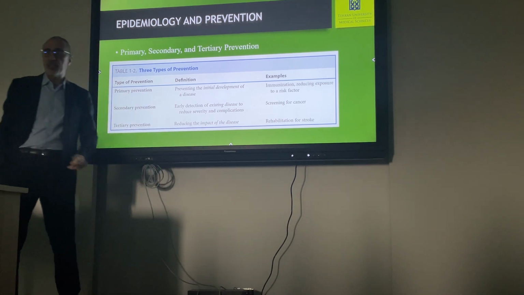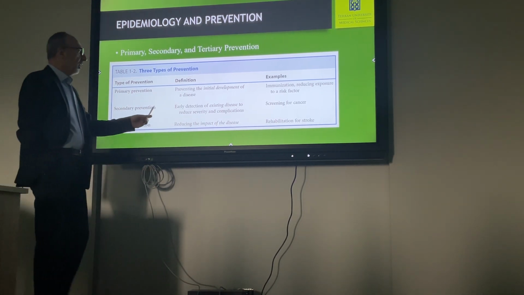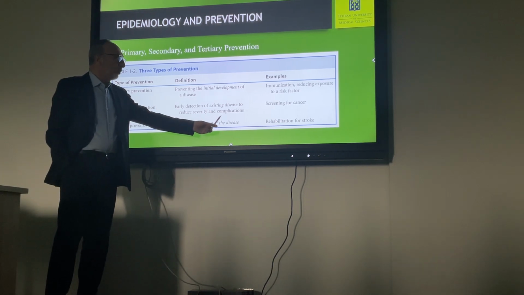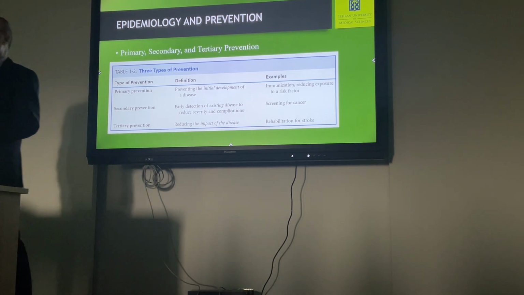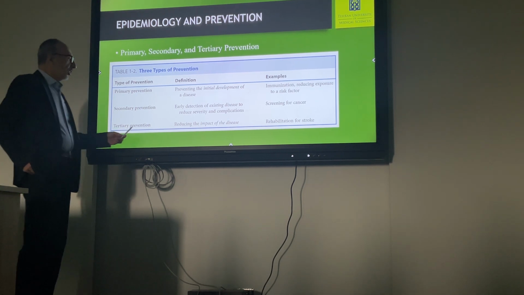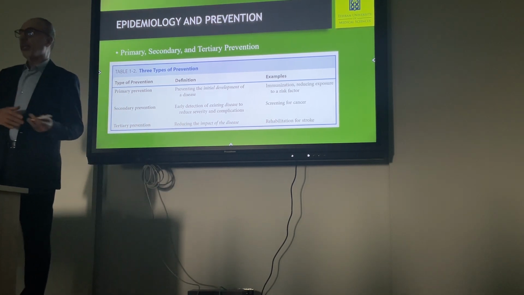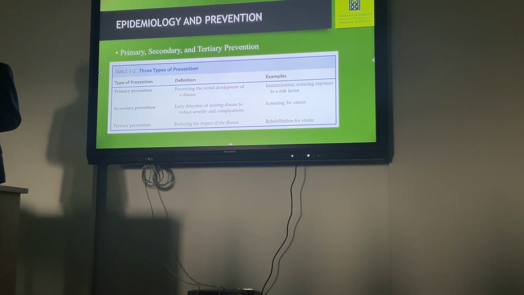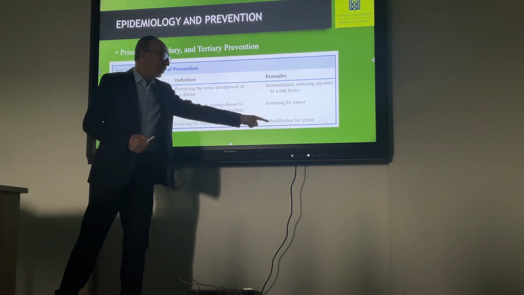The disease already exists, but in an earlier stage, to reduce severity and complication, for example, screening for cancer, screening for amblyopia, screening for hypothyroidism in newborn babies. And tertiary prevention, reducing the impact of the disease by trying to return the patient to normal life, such as rehabilitation for stroke.